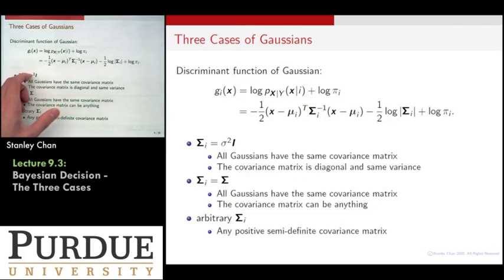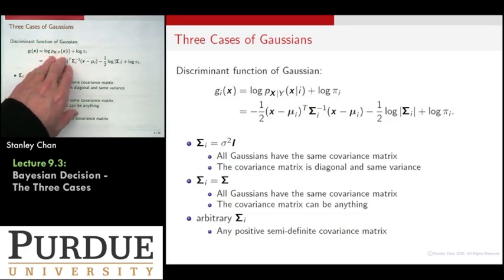You want to claim whether this data point comes from class i or class j. And so at the back of the problem, you're solving an optimization by finding the class that maximizes the posterior probability. And so the discriminant function will just be the log of the posterior.